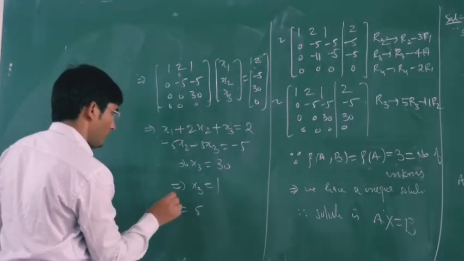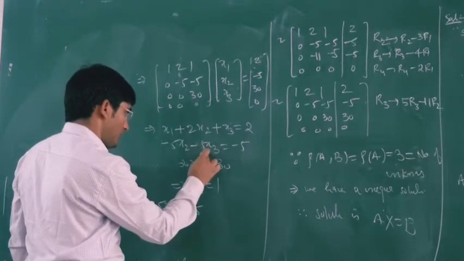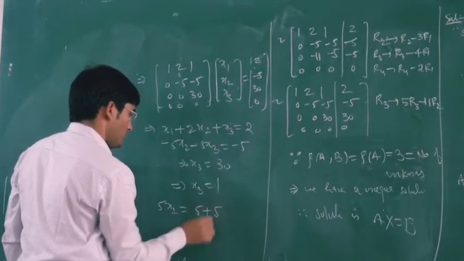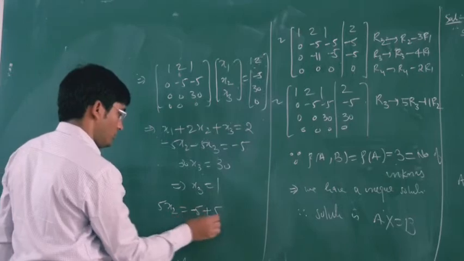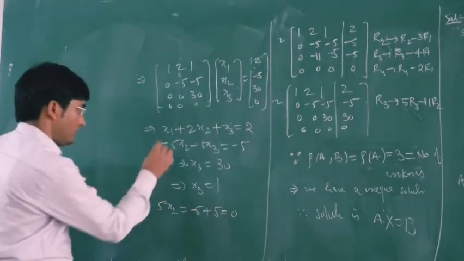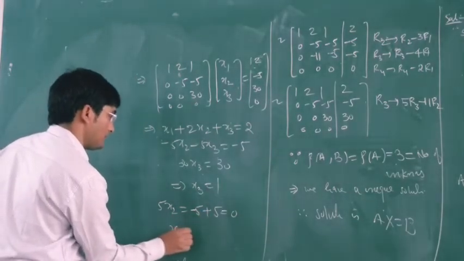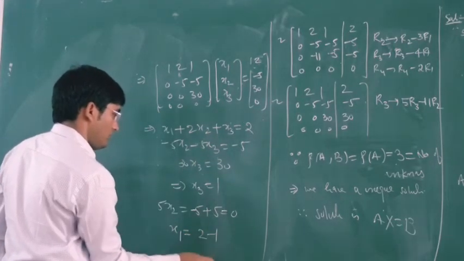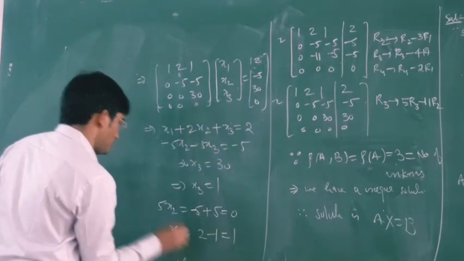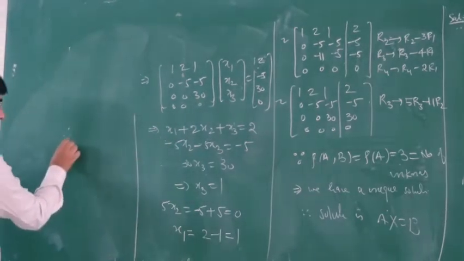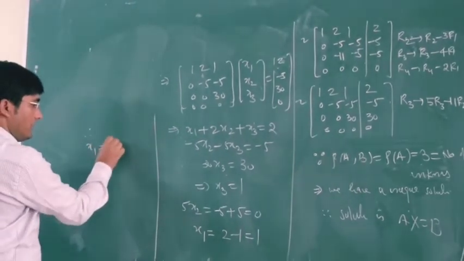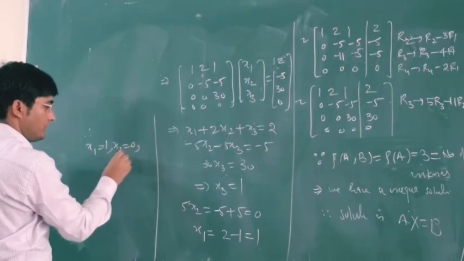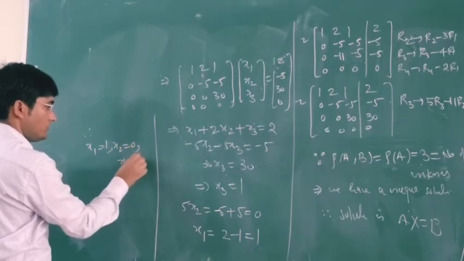So your 5 of x2 will be minus 5 of x3 plus 5. So this is equal to 0 and your x1 will be 2 minus x3. So this is equal to 1. So therefore our x1 is 1, x2 is 0 and x3 is 1.